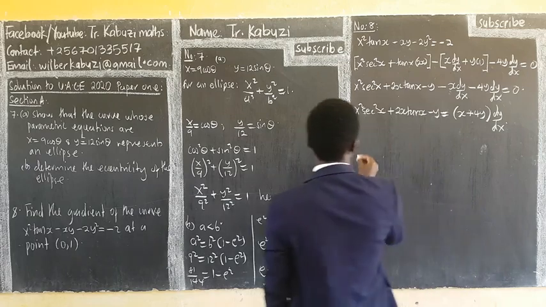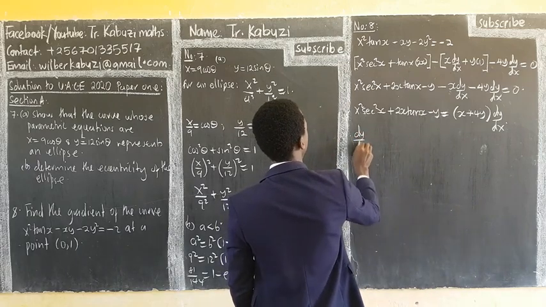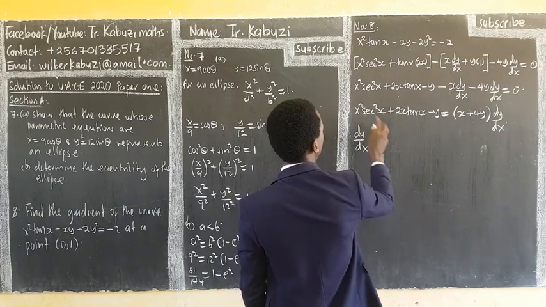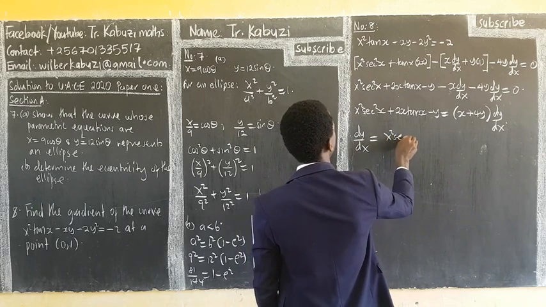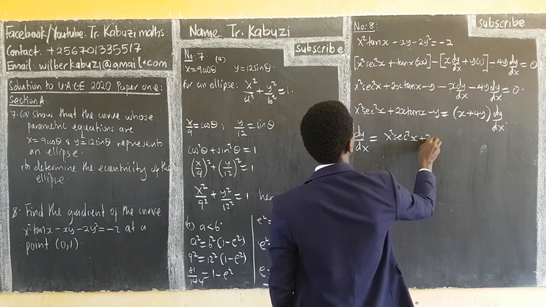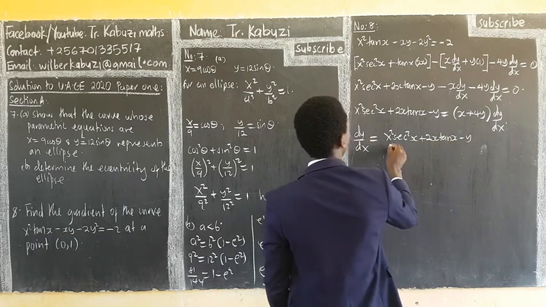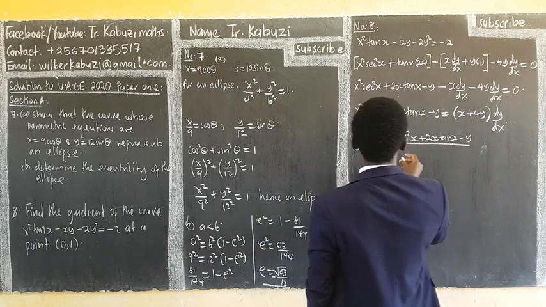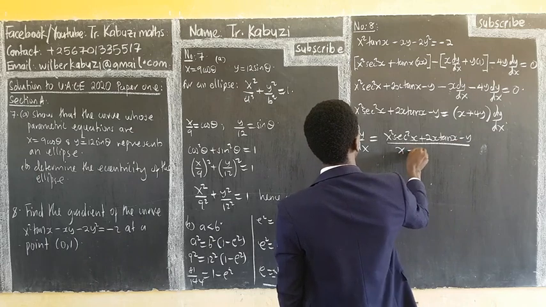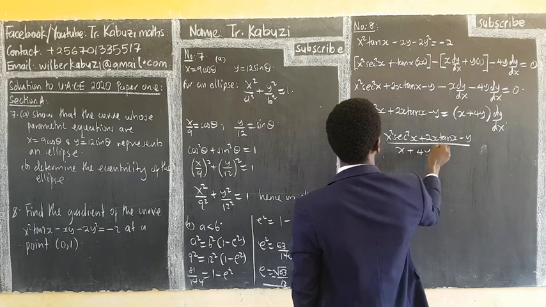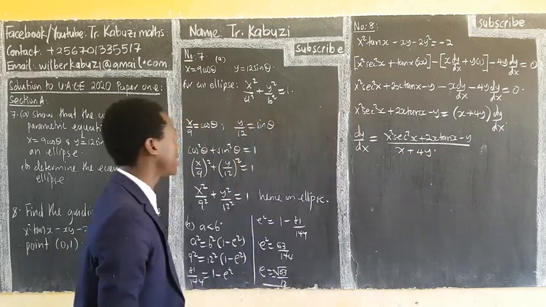To make dy dx the subject, my dy dx is going to be x squared sec squared x over x plus 4y. Finally, it's the other side.